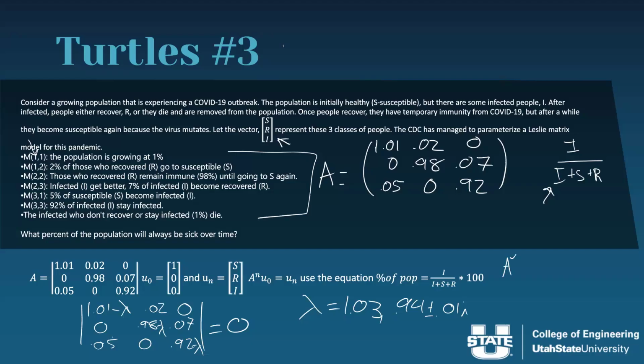So A, as we go to infinity, is going to be equal to our eigenvalues to the infinity times V1 times the first row of V inverse multiplied by our initial conditions, right?